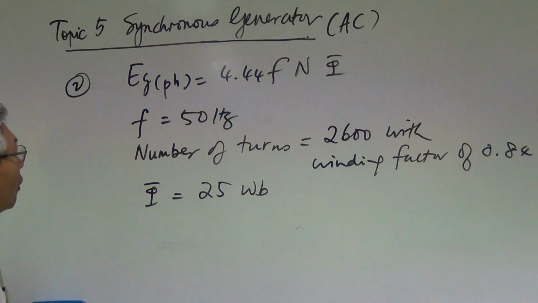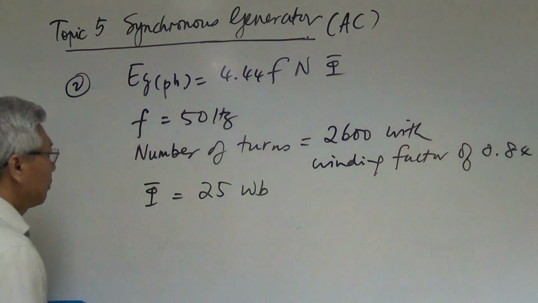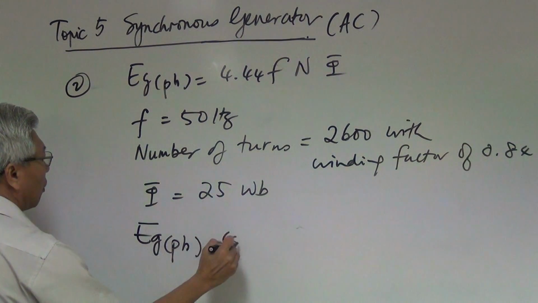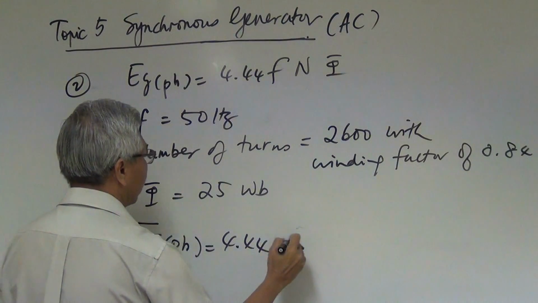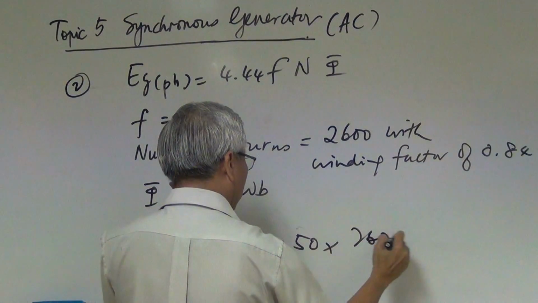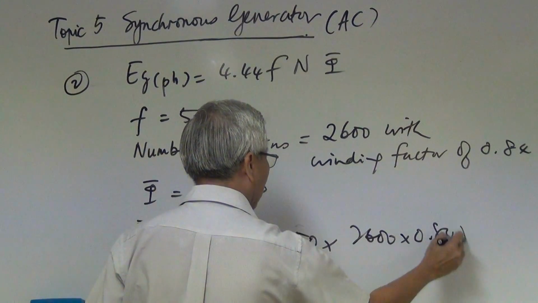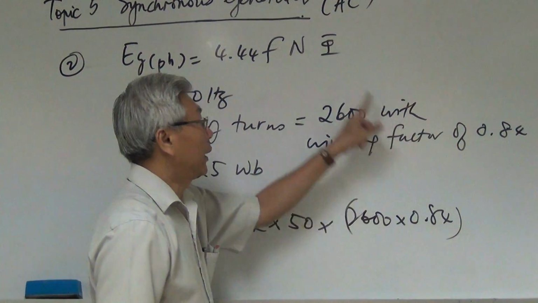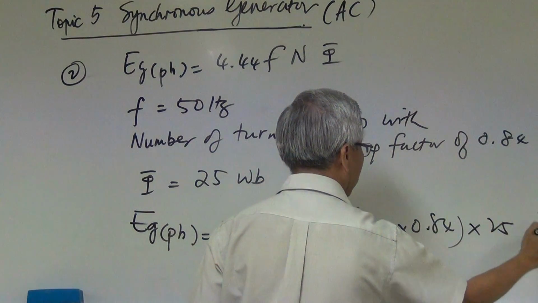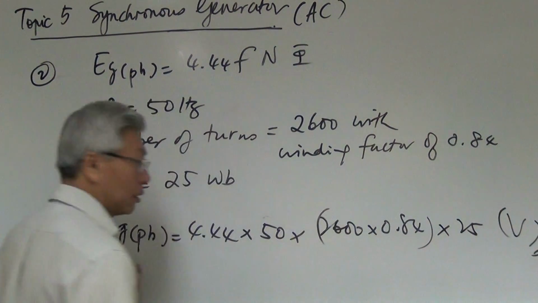Then to calculate the voltage generated per phase, we plug in the formula, which is 4.44 multiplied by 50 multiplied by 2,600 multiplied by 0.84. You must multiply by the winding factor, and then the flux 25. So that is the voltage.